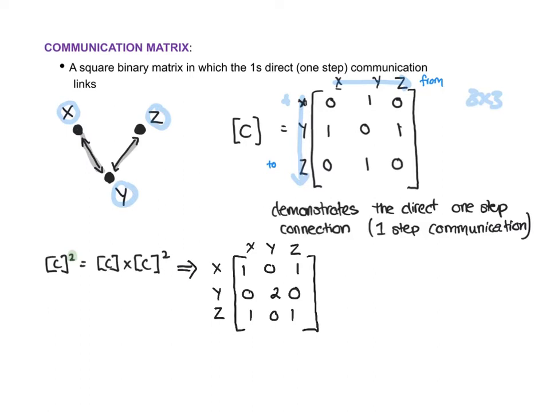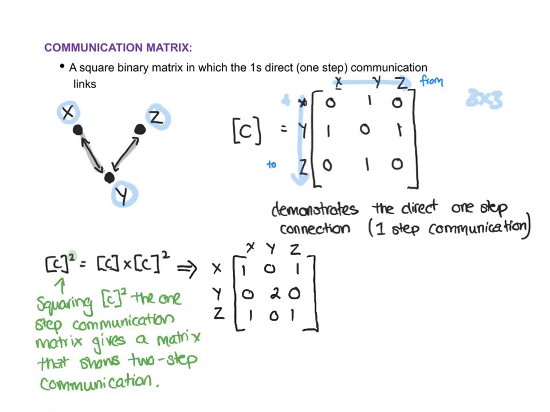It tells you how many 2-step communication links there are between the 3 people, or whoever you're looking at, individually.